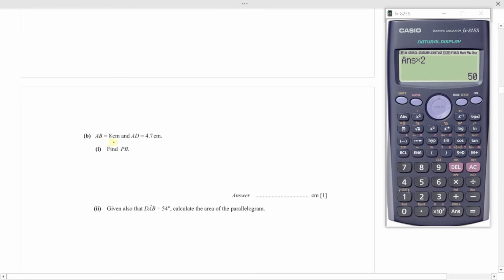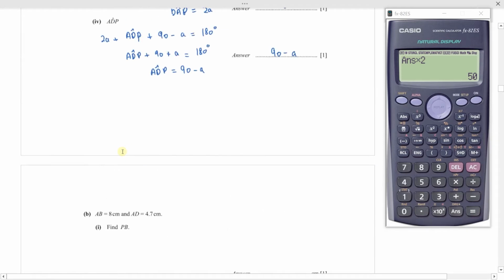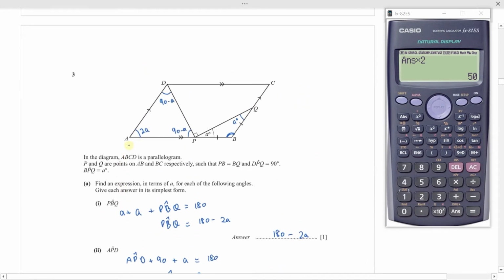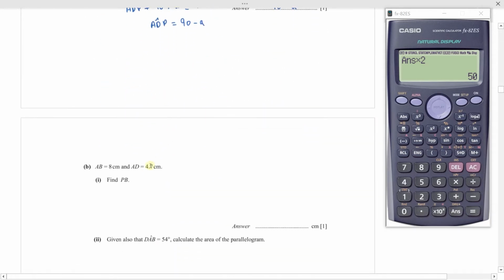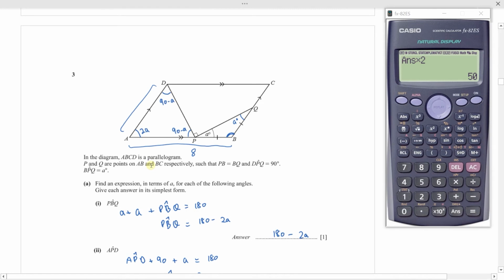Part B: AB is 8 centimeters and AD is 4.7. Find PB. So this AB is 8. This length here, AD, is given as 4.7. And now you have to calculate this length PB, which is this one here.